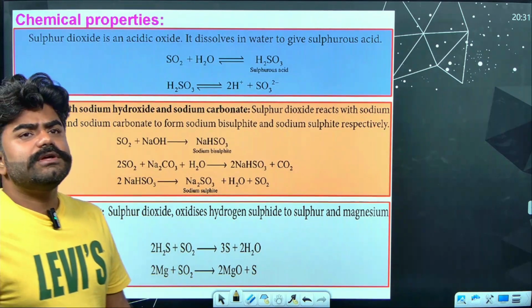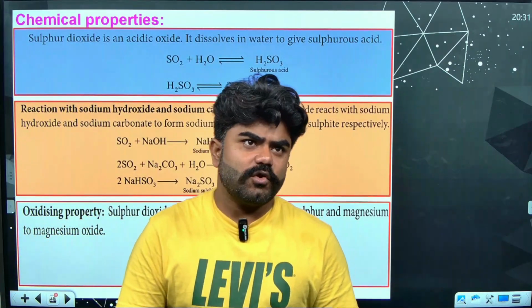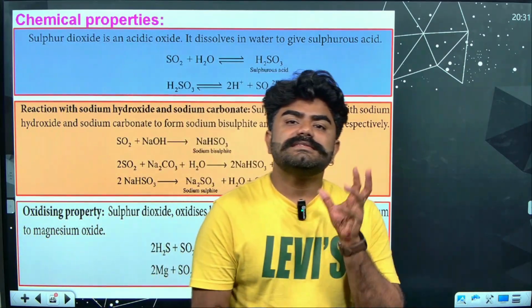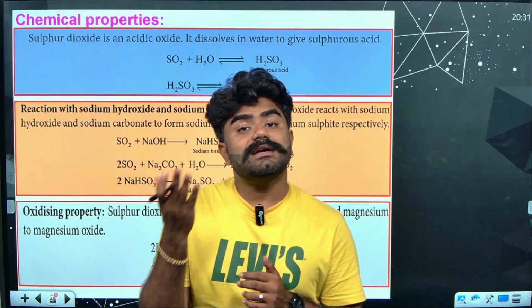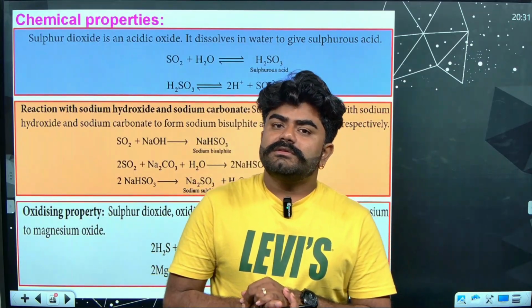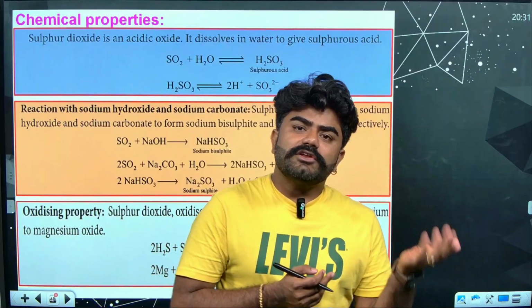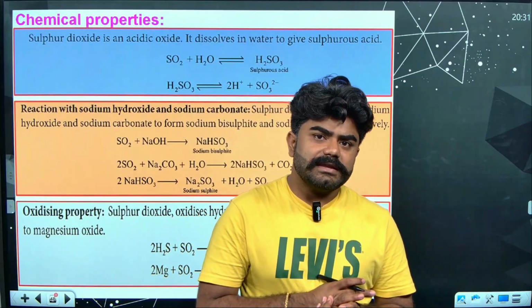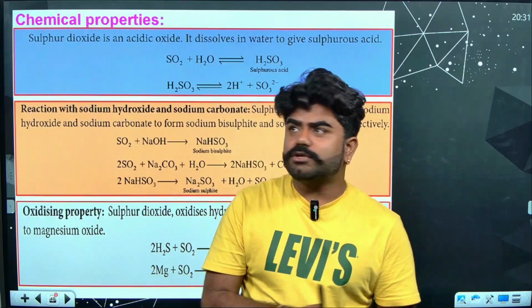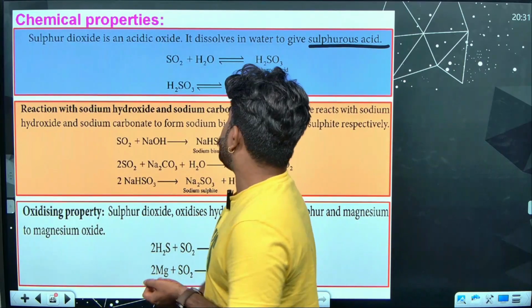Now let's move on to the chemical properties of sulfur dioxide. Sulfur being a non-metal, we already learnt that non-metal oxides are acidic in nature. So sulfur dioxide, being a non-metallic oxide, should also be acidic in nature and it dissolves in water to give sulfurous acid.